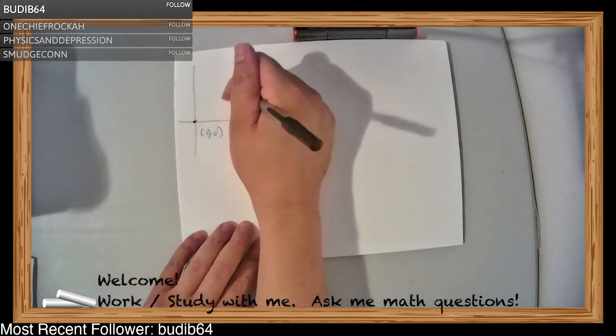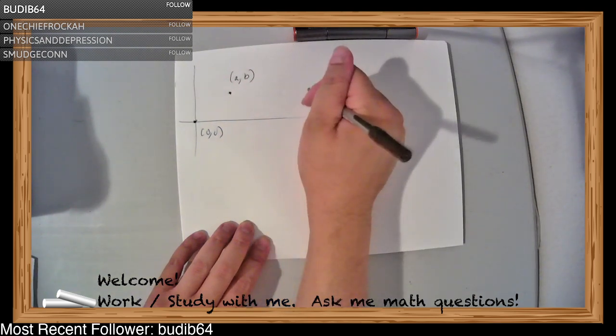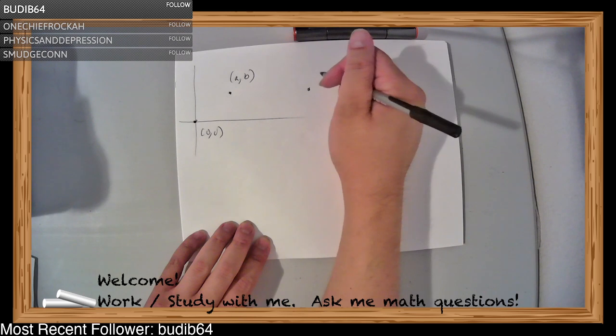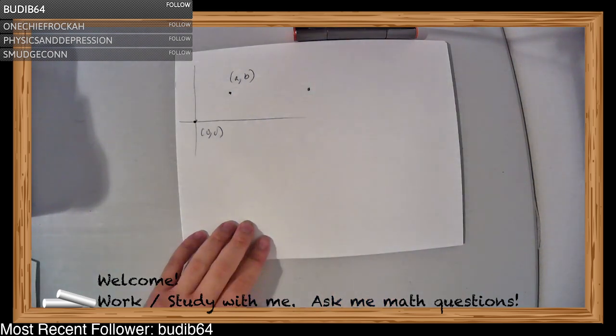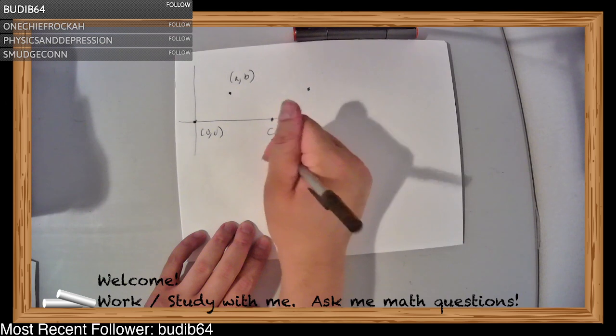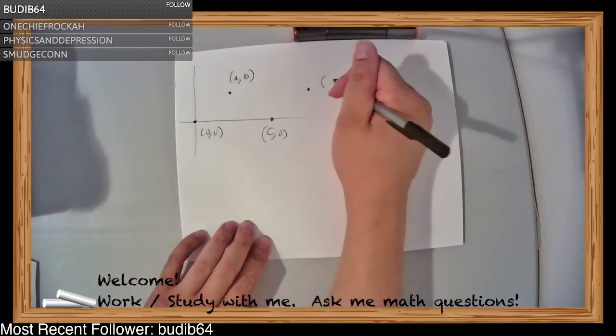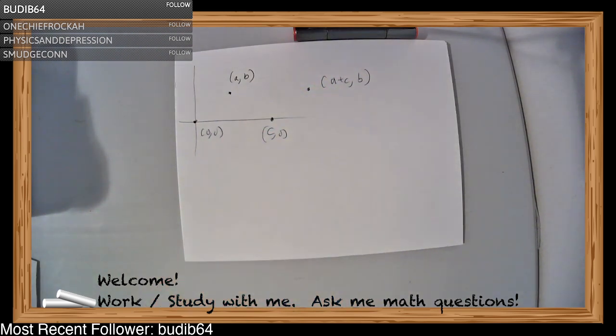Again, this is AB. And this over here is going to be, let's see here, maybe C comma 0, and this one will be A plus C comma B. And there you have your general parallelogram, which is always good.